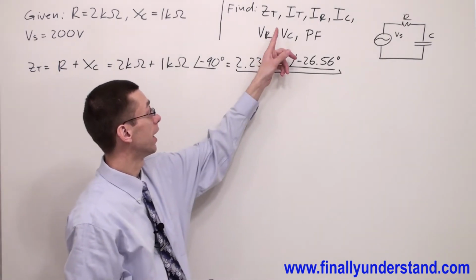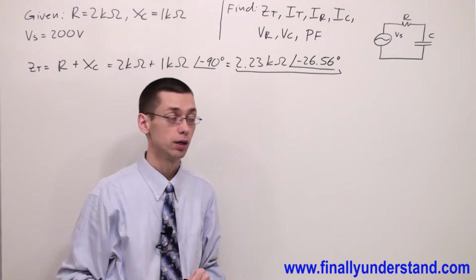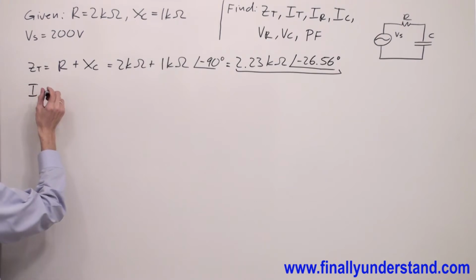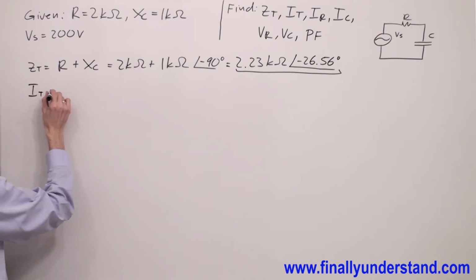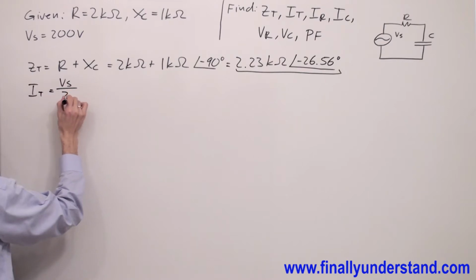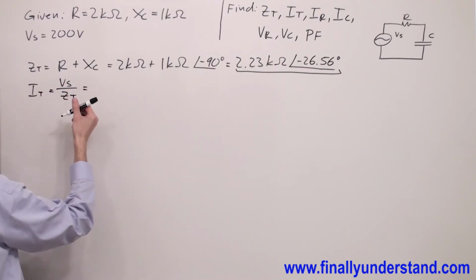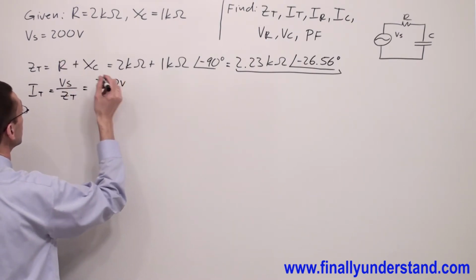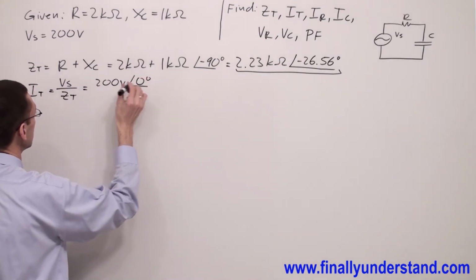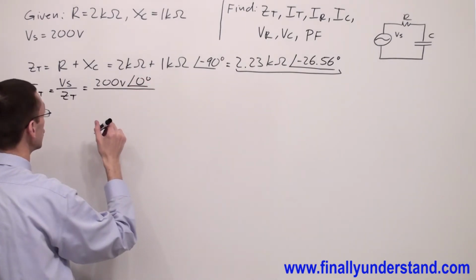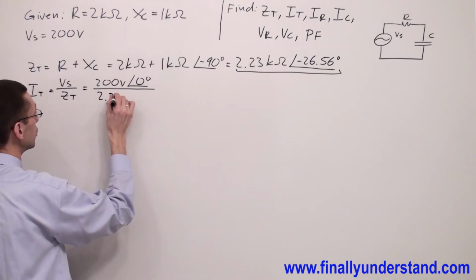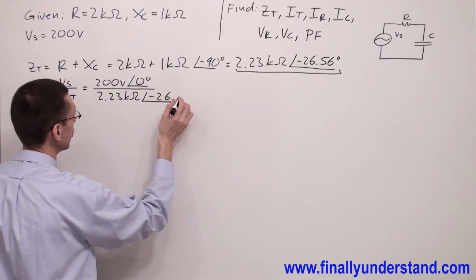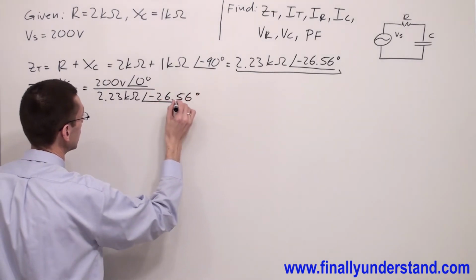Next, we're supposed to find I total. In order to find I total, we're supposed to use Ohm's law, which says current I total is equal to voltage source over Z total, where the voltage source is given, we have 200 volts, and if the angle is not given, there is always an angle of 0 degrees, divided by Z total, 2.23 kilo ohms and angle of negative 26.56 degrees.